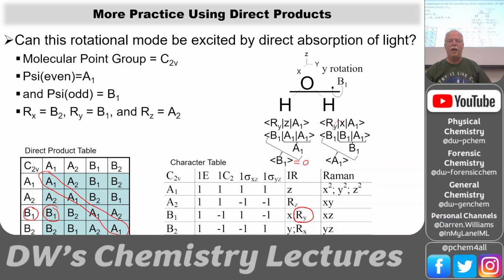So you might be able, just in a few days after doing these problems, to do this one totally by yourself without the character table or the direct product table, right? Because you've got something times A1. That something comes down. Okay, and then you have something times itself, A1. Yeah, so that's nice. There's a symmetry to it. Okay, so this is non-zero.